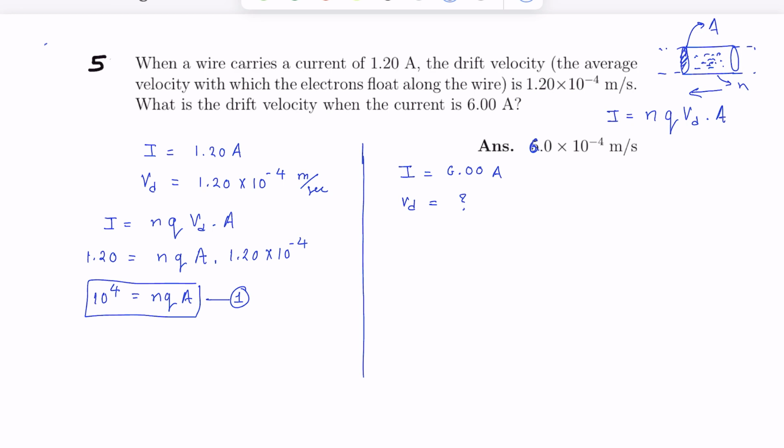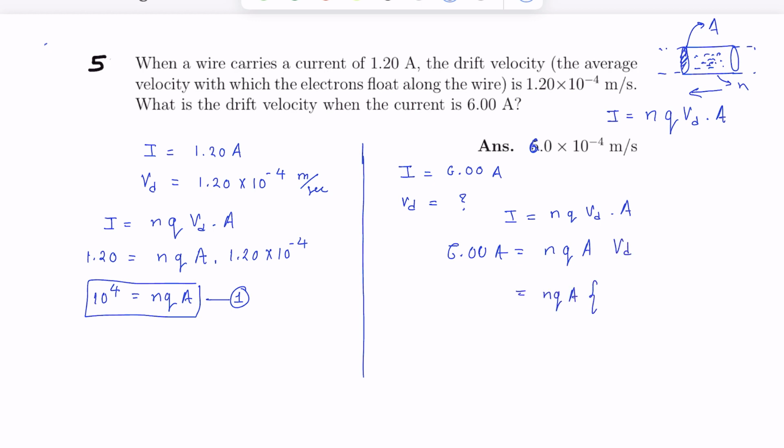Now let's look at the case when the current is 6.00 amperes. I'm going to use the same formula, I equals nqvdA. I is 6.0 ampere, and I'm going to write n, q and A together, and then vd.